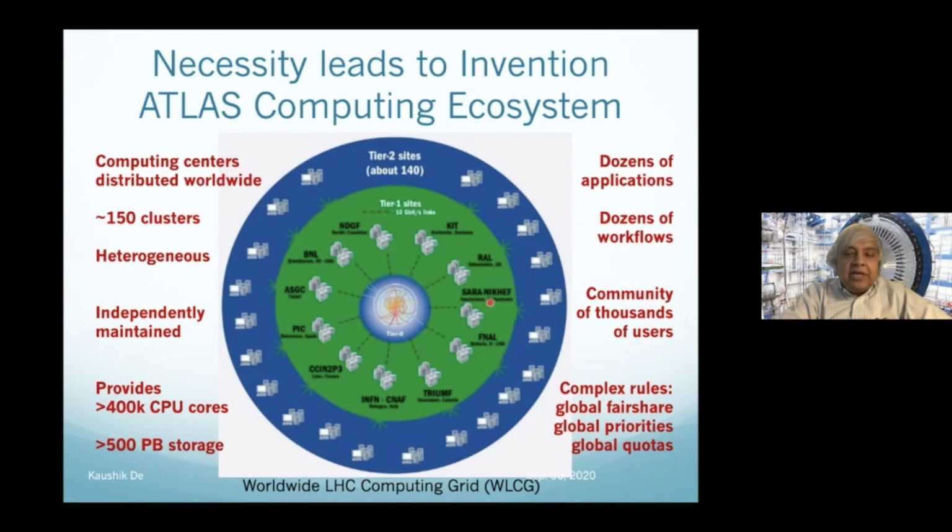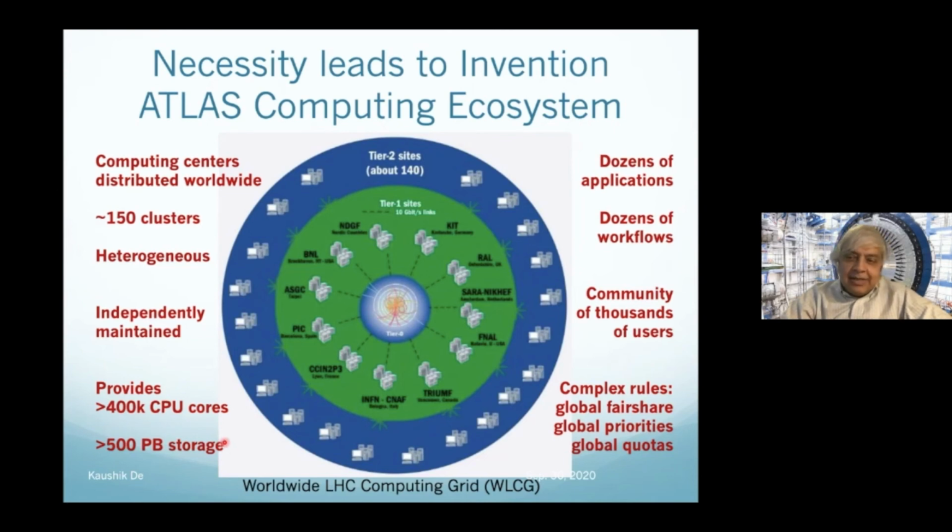And so 15 years ago, what we decided to do is to take 150 different computing clusters or computing centers all over the world, in every country in the world, and we stitch them together, which provides the equivalent today of 400,000 CPU cores, 500 petabytes.